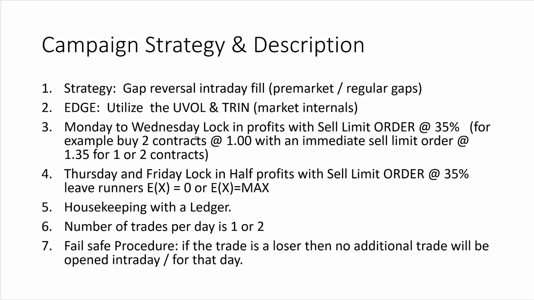And then on Thursday and Friday, we'll still be using the same strategy, but this time we're going to be taking some additional risk where we'll leave some runners, and then we'll still take profits, but with some of the profits that we've developed from the previous trades.